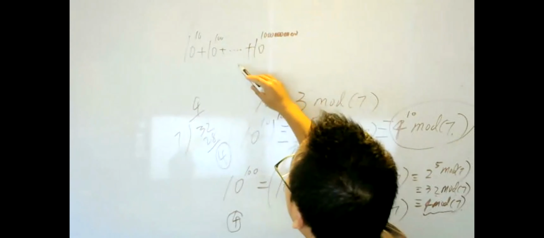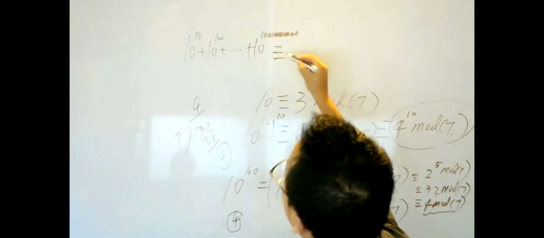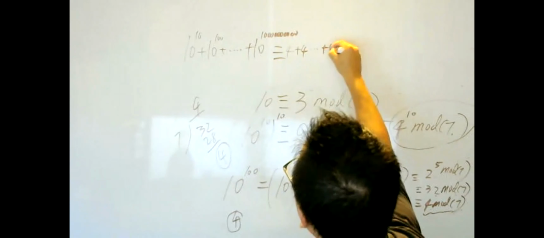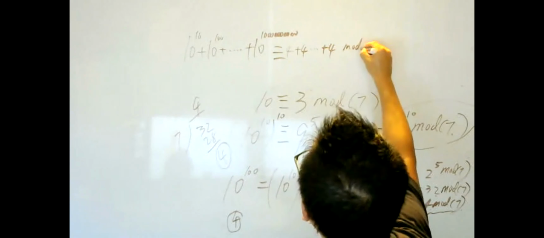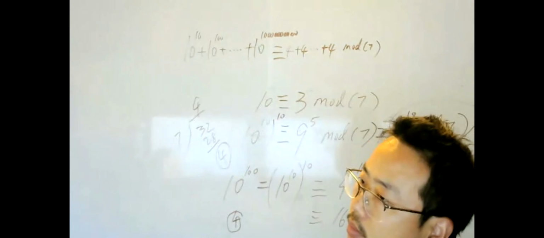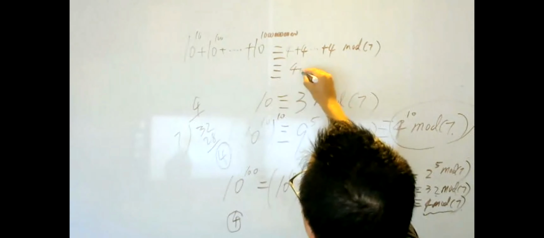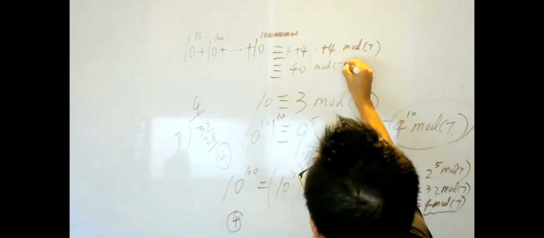Okay, so this will become congruent to 4 plus 4 plus 4 mod 7, which is congruent to 40 mod 7.